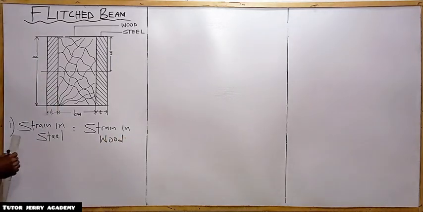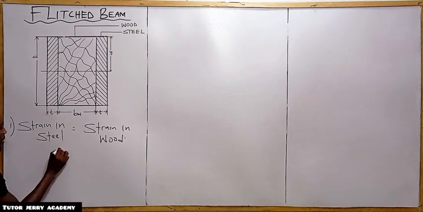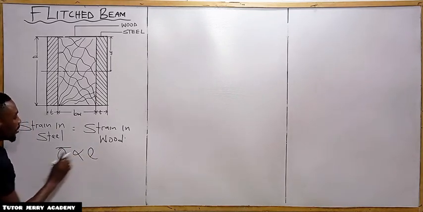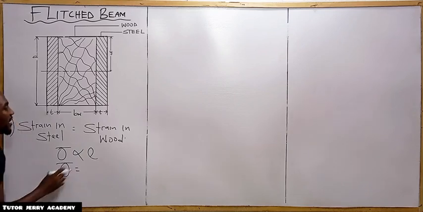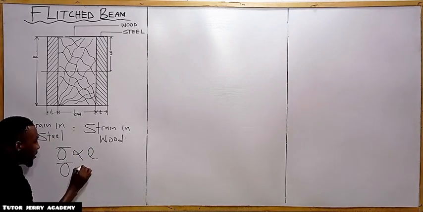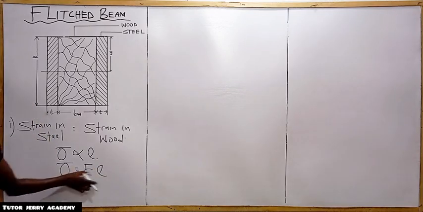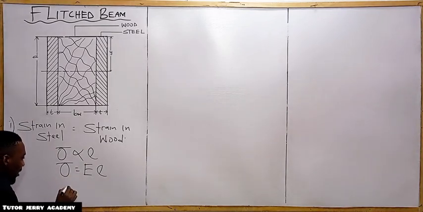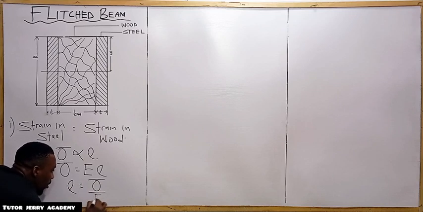All right. You are going to recall from your Hooke's law, we said that stress is directly proportional to strain. So for us to remove this sign, we are going to say stress is equal to a constant, which is the modulus of elasticity. So this is our stress, this is our strain. If we make strain the subject, we divide both sides by E. So strain will be equal to stress over Young modulus.